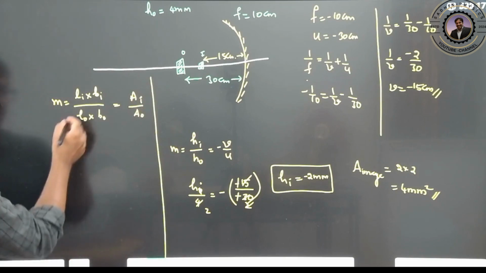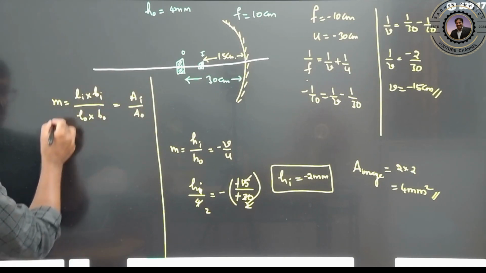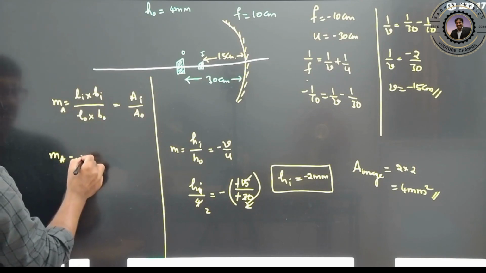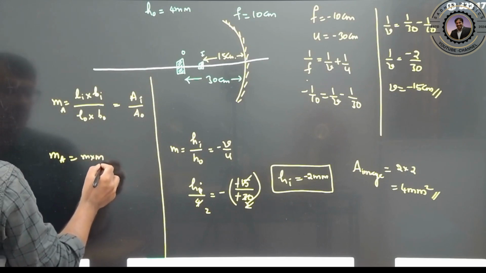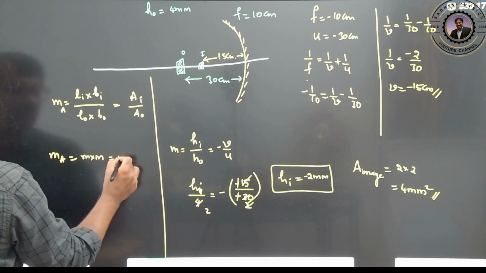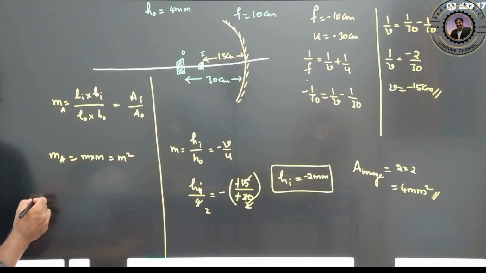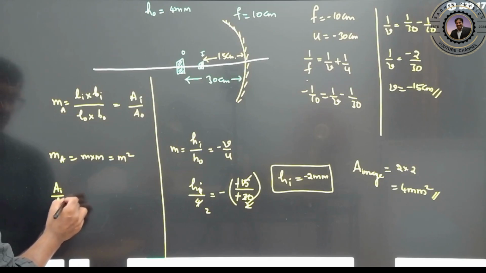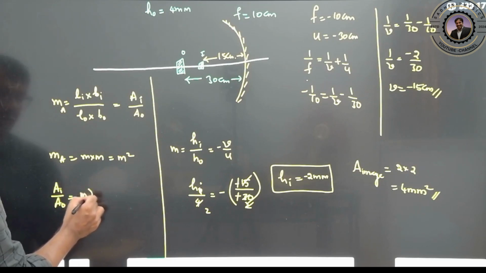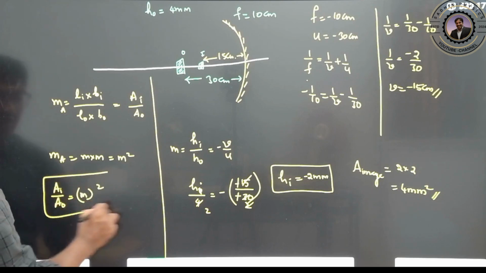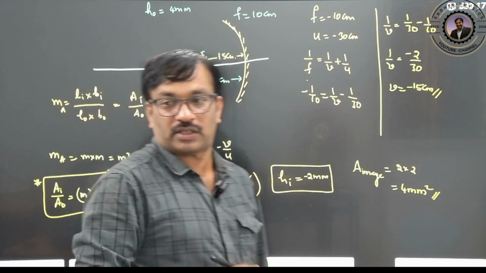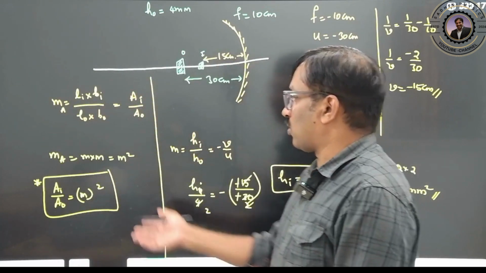That is your areal magnification. So areal magnification is m into m, therefore it will be m square. That means area of the image by area of the object is equal to linear magnification square. Clear? This is linear magnification. In this way also you can use it.